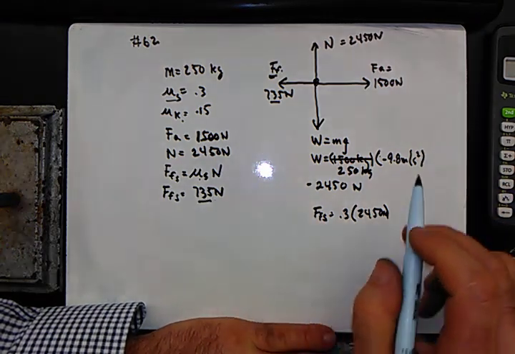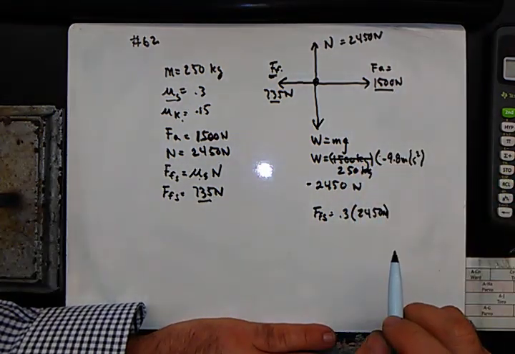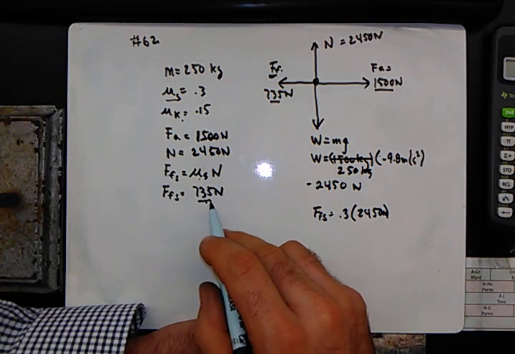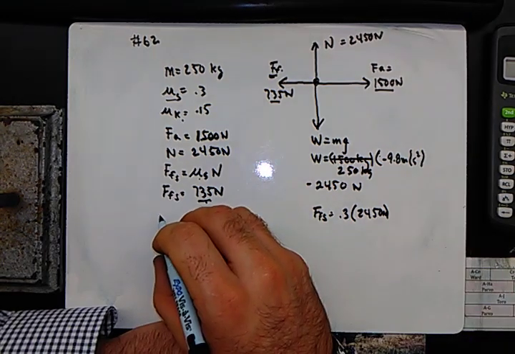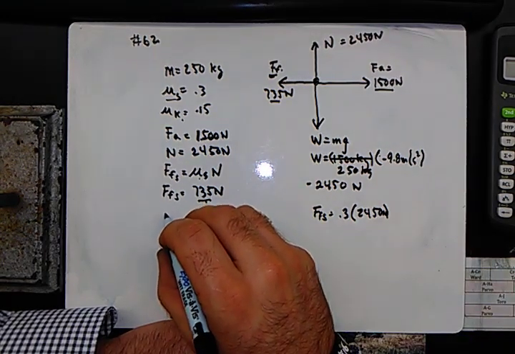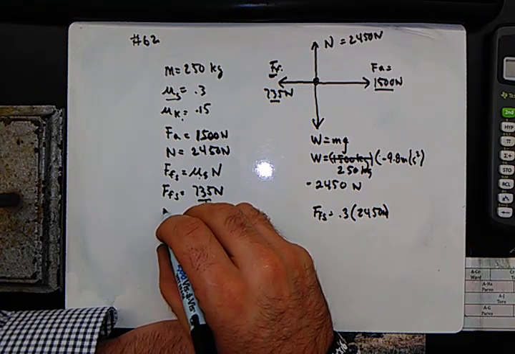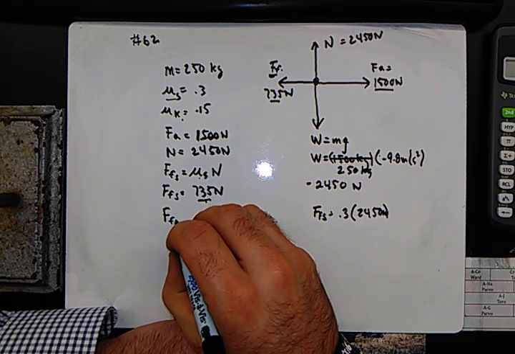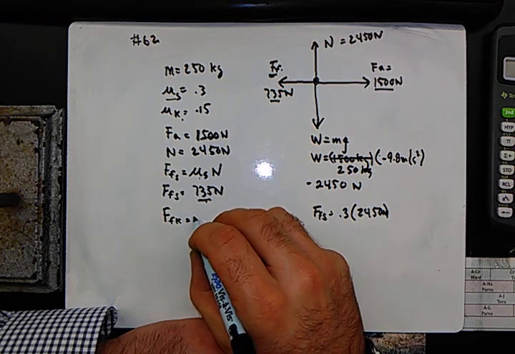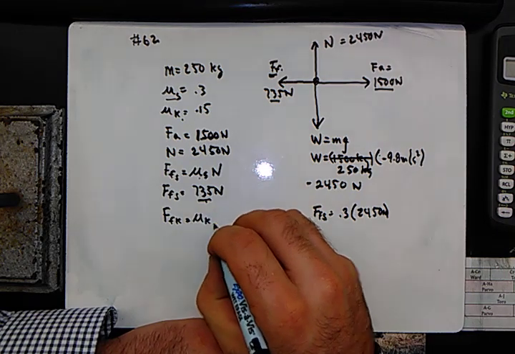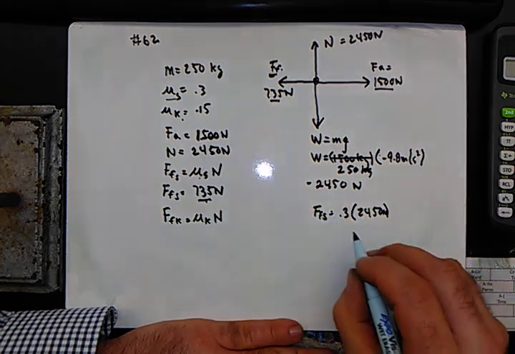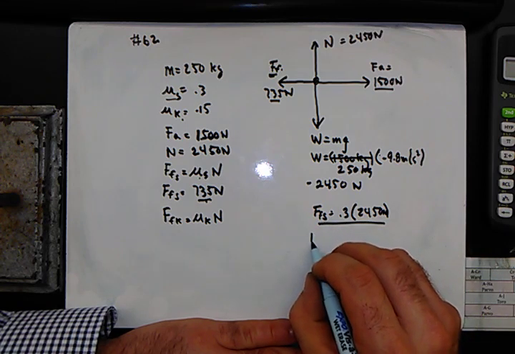So yes, we can get it moving because we're applying 1500 to it. No problem. We can beat that 735. But now I've got to come up with how much actual kinetic friction I have. Force of friction, kinetic, will be mu kinetic times the normal force. So let's figure out what that is.